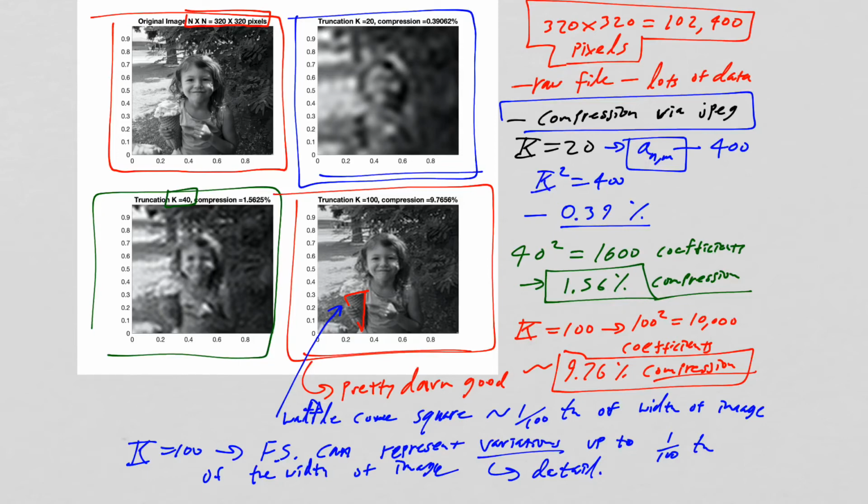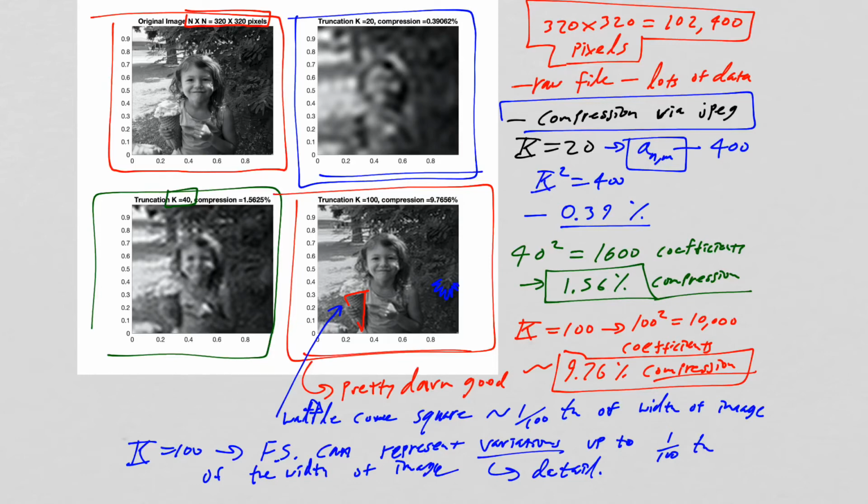I won't show it to you just because I don't want to be too pedantic, but if you were to go to k equals 90, you wouldn't really be able to see the waffle cone very well. The waffle cone just won't show up. Even the leaves, you can see them, but they're not nearly as sharp as they could be.